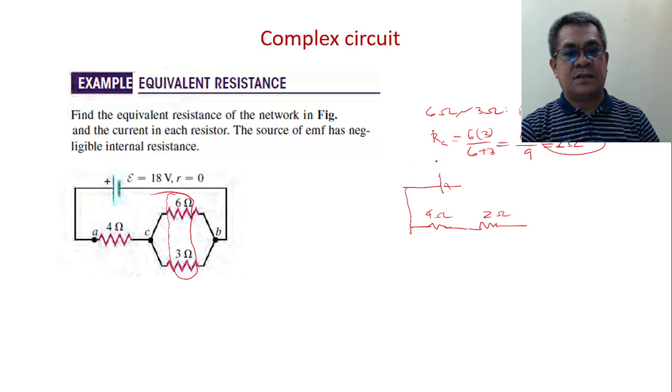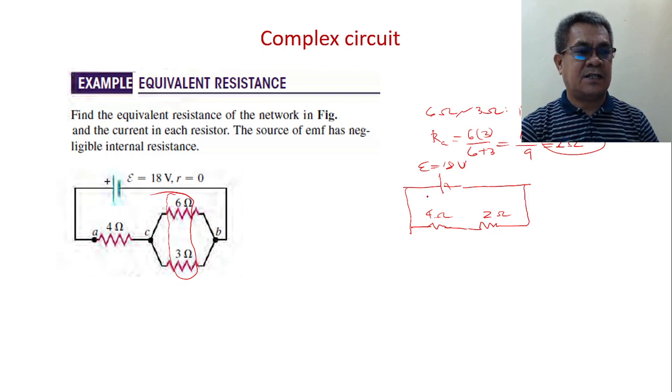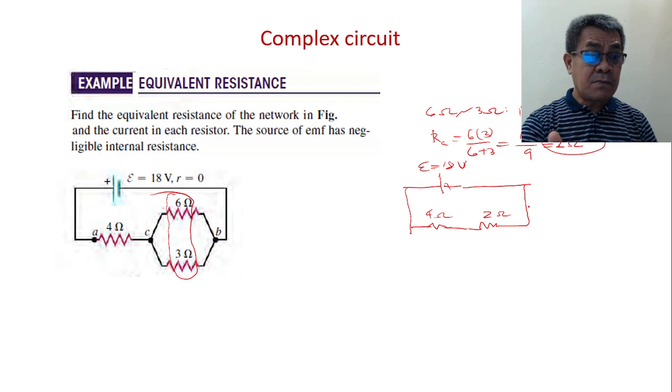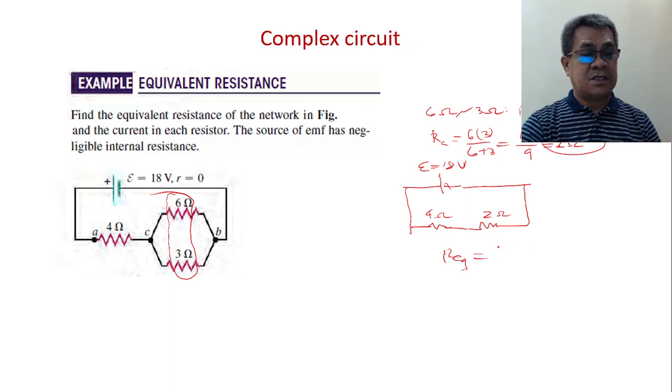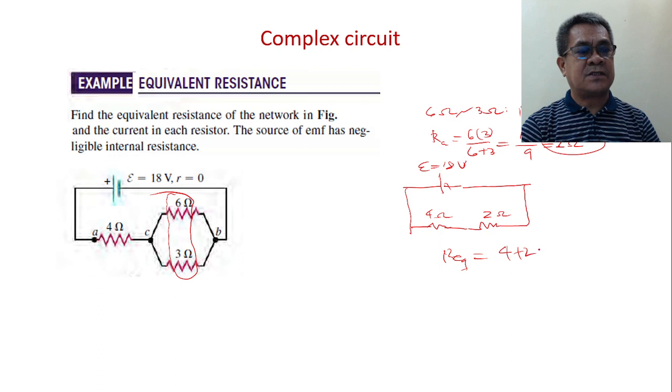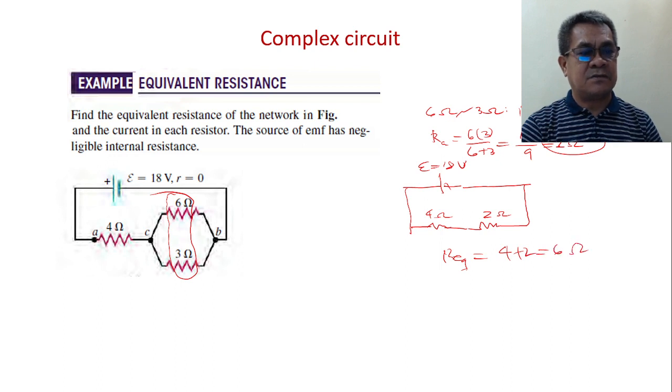Take note, the EMF is 18 volts, and the internal resistance is 0, so we can skip that. And this is now series. Okay? So from complex, look at this one. This is complex. This is series. So what is the sum of the two? The sum of the two must be the answer to the problem, the equivalent resistance, because this is already simple. So this is 4 plus 2, the answer is 6 ohms.